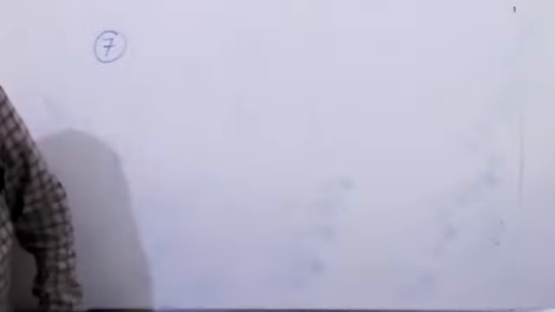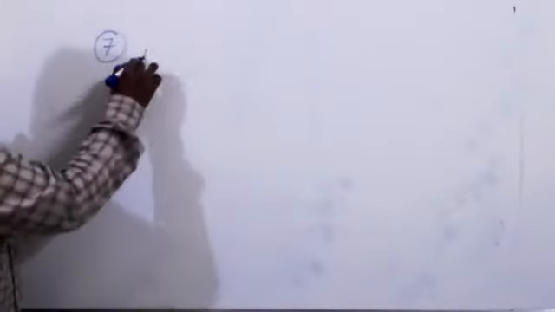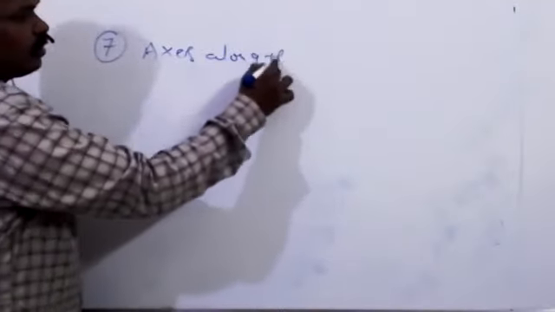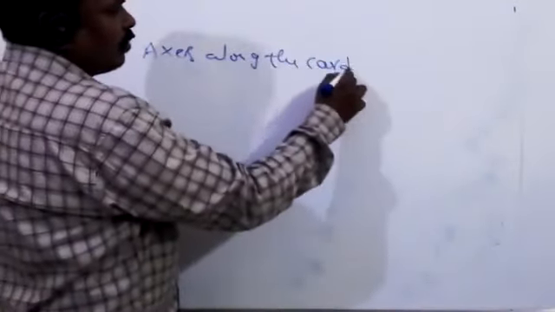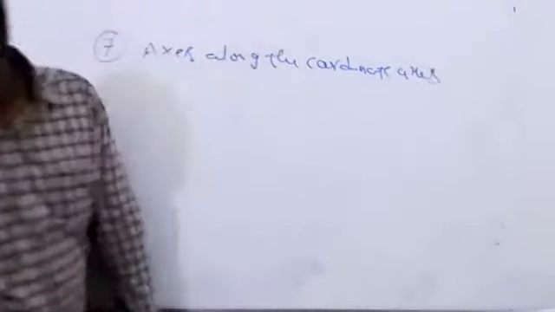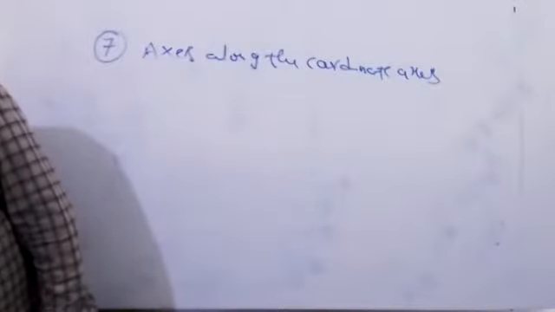Seventh one. Axis along the coordinate axis, passing through 4, 3 and -1, 4.